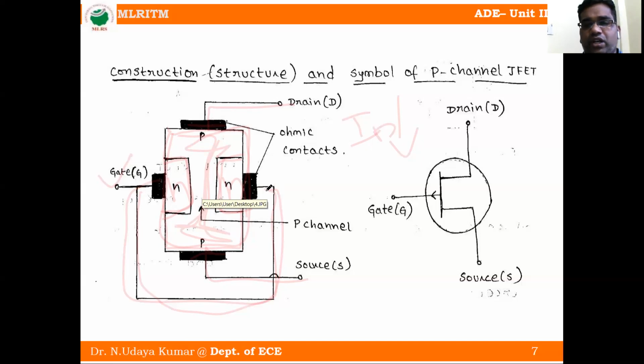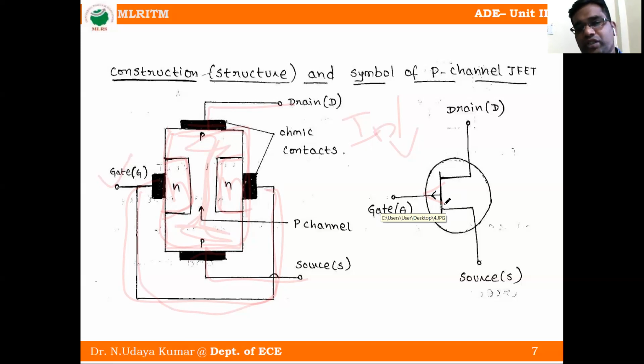So how can we remember this symbol? If it is a P channel, the conventional current direction is out of the symbol or circuit.